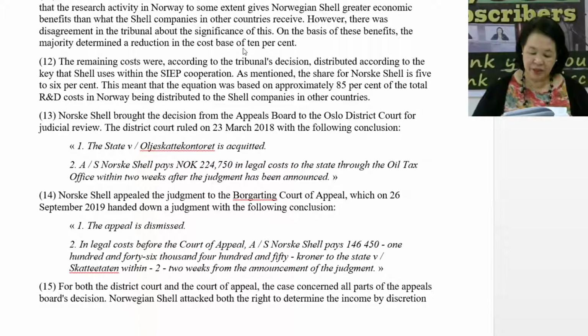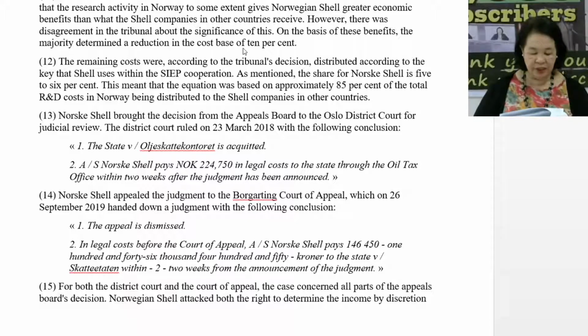In this case, bago siya nakarating sa Oslo District Court, it took 2 years kasi December 2016 siya nag-appeal sa Appeal Board for Petroleum Tax, no? So, 2 years din. In that case, matagal na rin yan, no? But sabi nga natin, because mahirap yung transfer pricing cases.